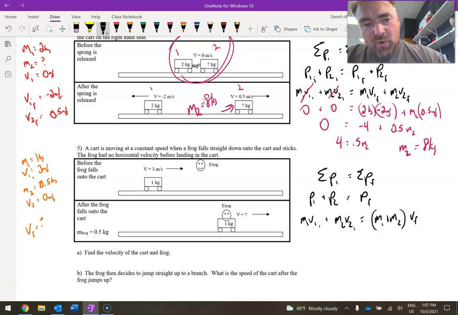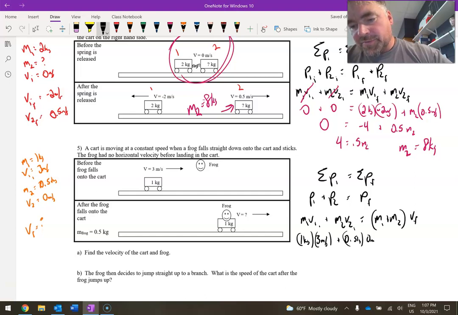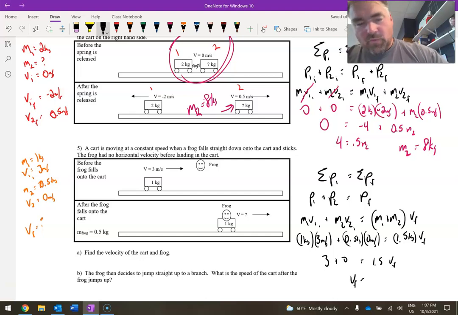So we put this in, we have 1 kilogram times the 3 meters per second plus 0.5 kilograms times 0 meters per second. So I could have just put in the 0 and been done with it. And so now M1 plus M2 is going to be 1.5 kilograms, and we're looking for VF. So this is 3 plus 0 equals 1.5 times VF. And so my V final should be a whopping 2 meters per second.